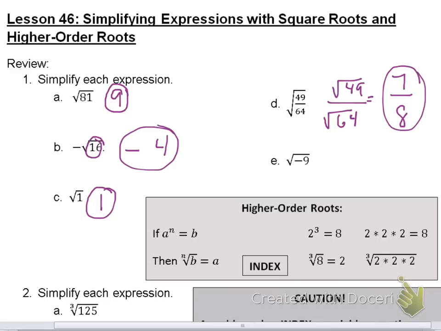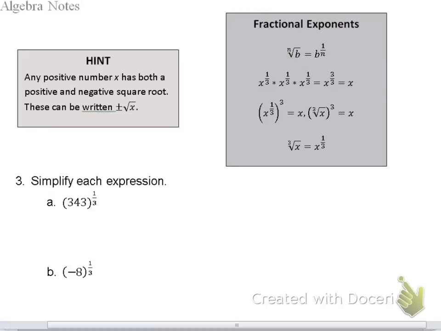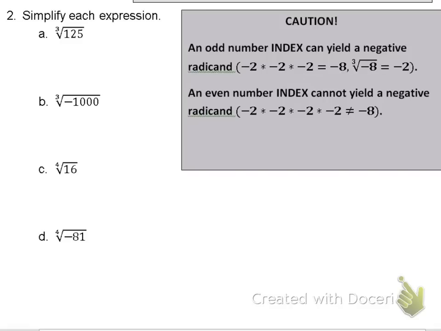Now this is something that is on the second page of your notes. Actually, maybe it's not on the second page. Maybe it's just lower down on the first page. If you have an even number index, and an index is this number in the corner of the root symbol. If there is no number there, we automatically assume that it's a square root.